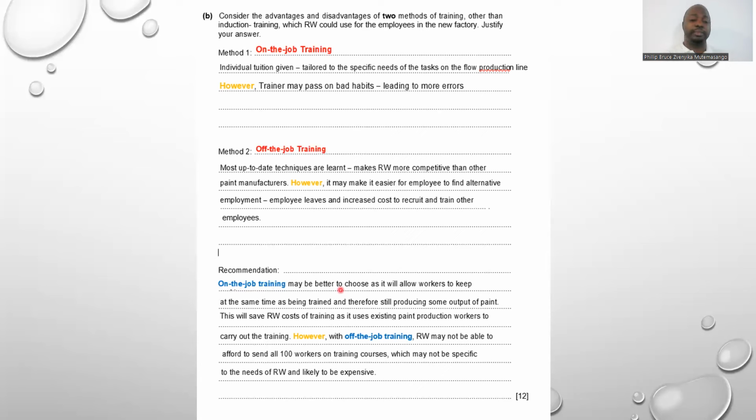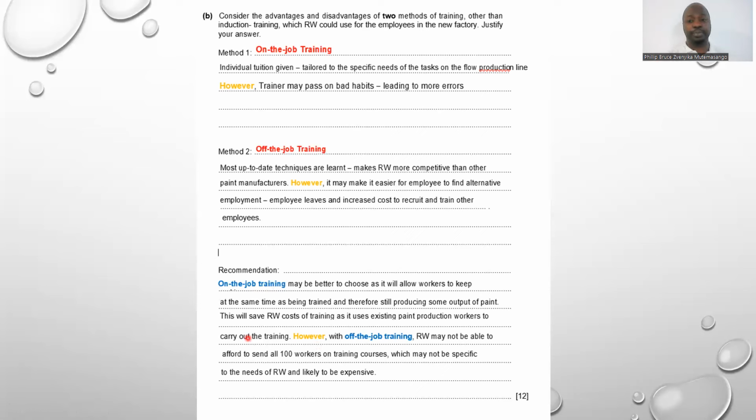On-the-job training may be better to choose, as it will allow workers to keep working at the same time as being trained, and therefore still producing some output of paint, and this will save RW costs of training, as it uses existing paint production workers to carry out the training.